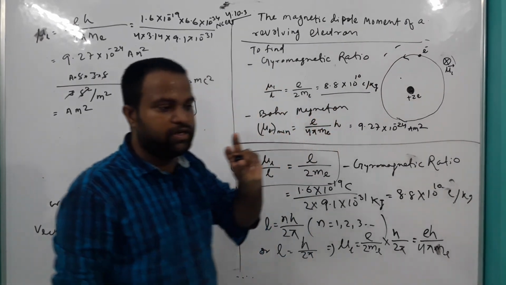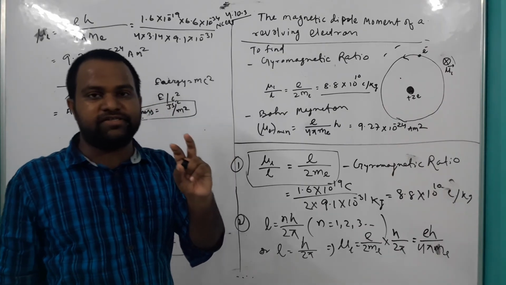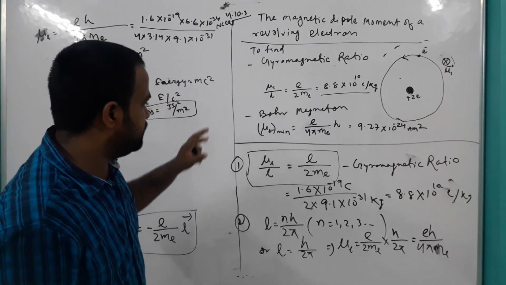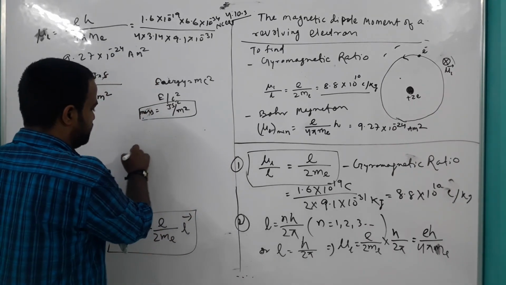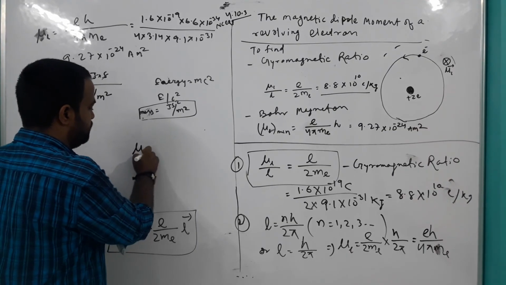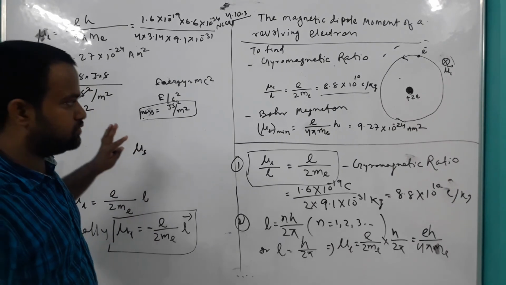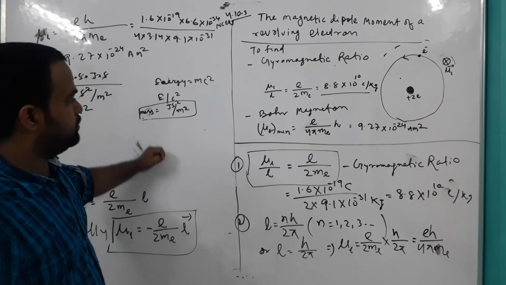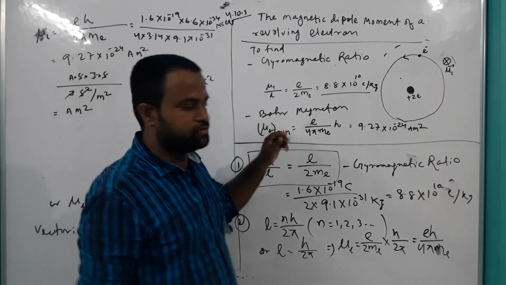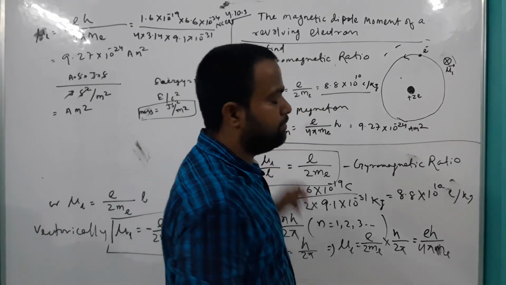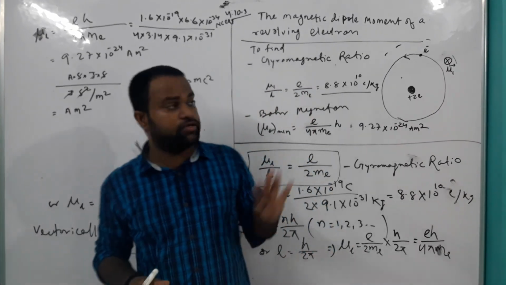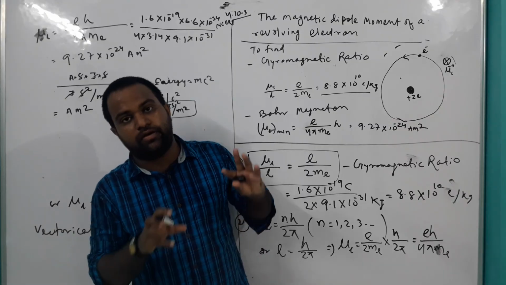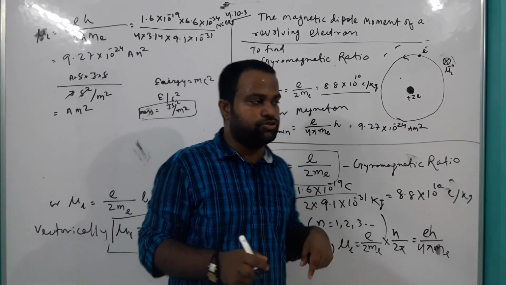But the electron has intrinsic spin also, which we denote as mu s, but I will not discuss the spin magnetic moment. So the L subscript means our calculation is for the magnetic moment due to the orbital motion.